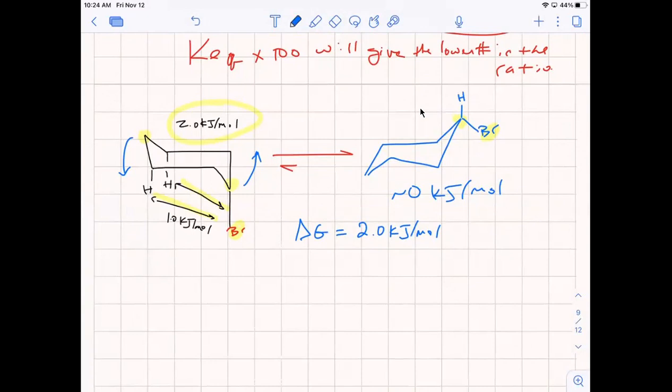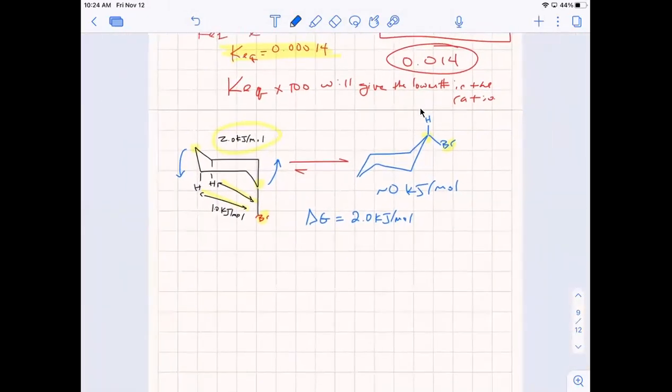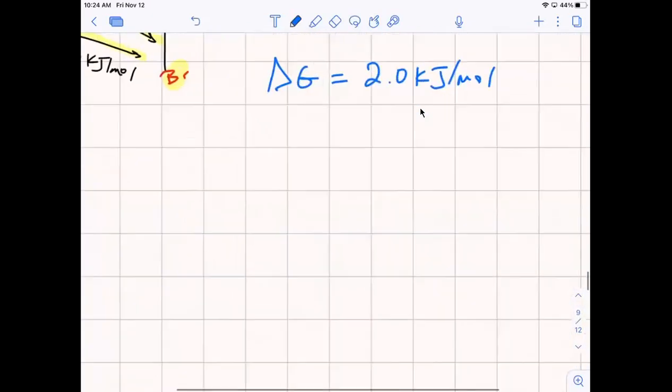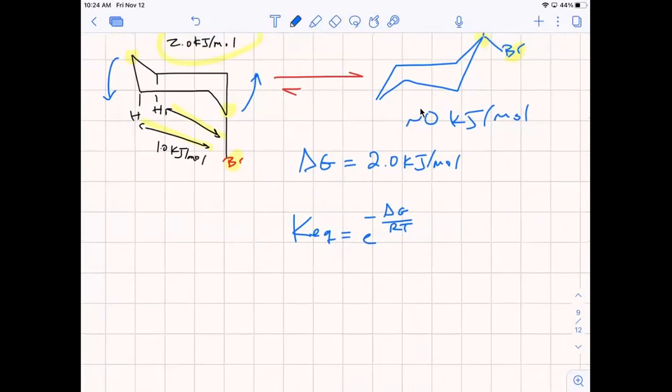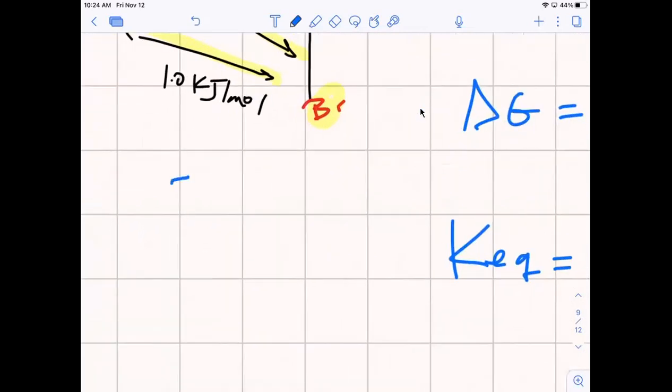All right. So how do we calculate KEQ in this case? It's e to the minus delta G over RT, where delta G is 2, we know what R is, and let's take the temperature up some. Let's do it at 50 degrees.